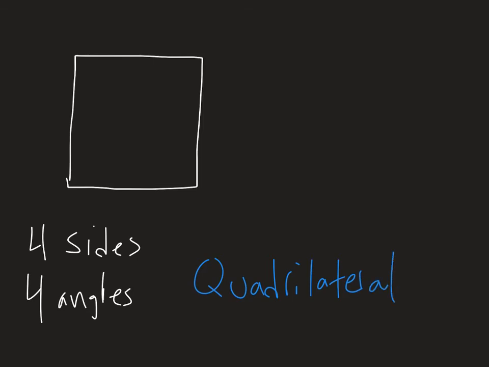For my Spanish-speaking students, you might notice that quadrilateral looks like cuatro, which is 4 in Spanish. Quadrilateral means 4 sides. Let's count the sides on this square to make sure. 1, 2, 3, 4 sides, and let's see the angles. 1, 2, 3, 4 angles. A square is an example of a quadrilateral.